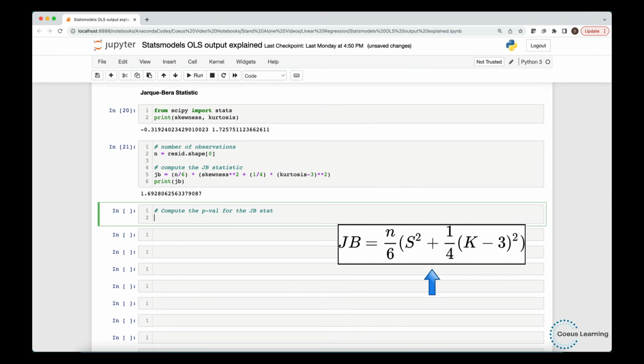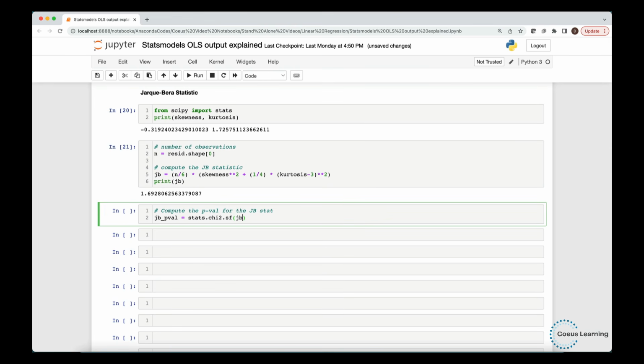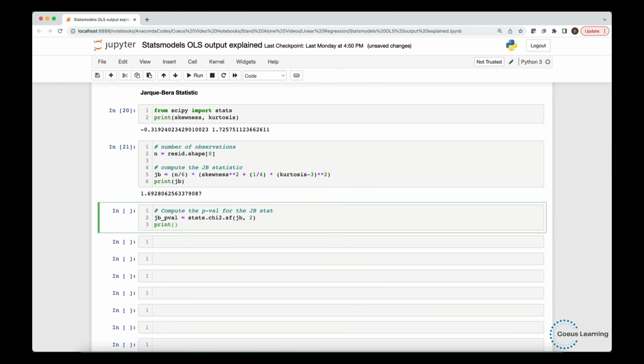Finally, we calculate the p-value associated with the Jarque-Bera statistic. You may tally the computed values with the OLS output.